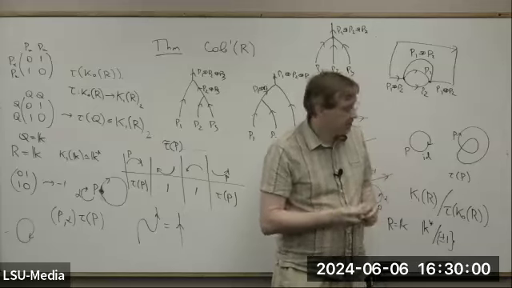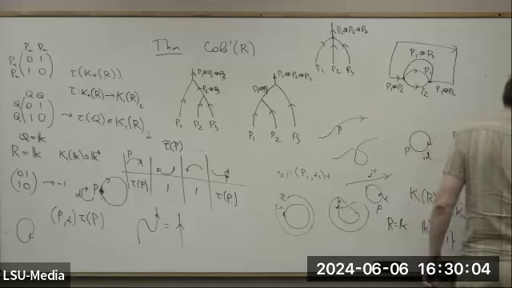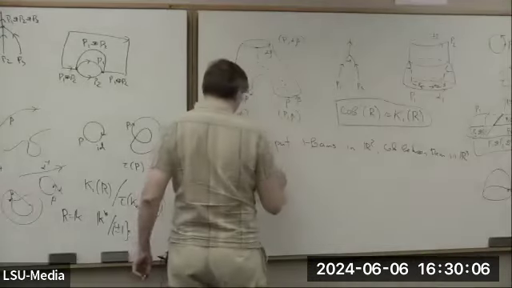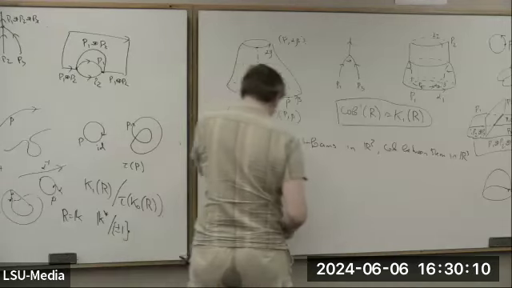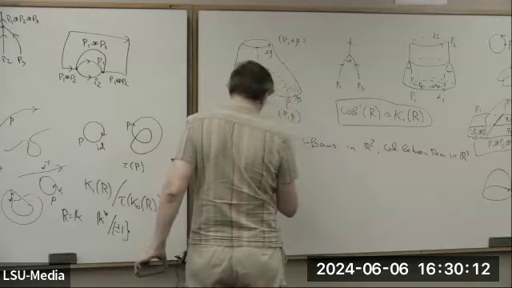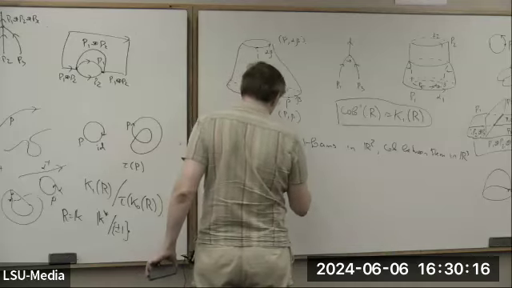I'll just mention this very briefly. K1 of R can be identified with pi2 of the classifying space of the Quillen category, QR.